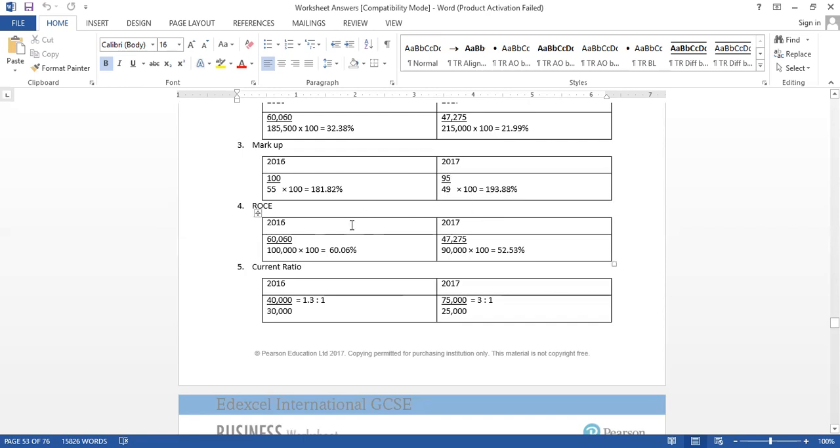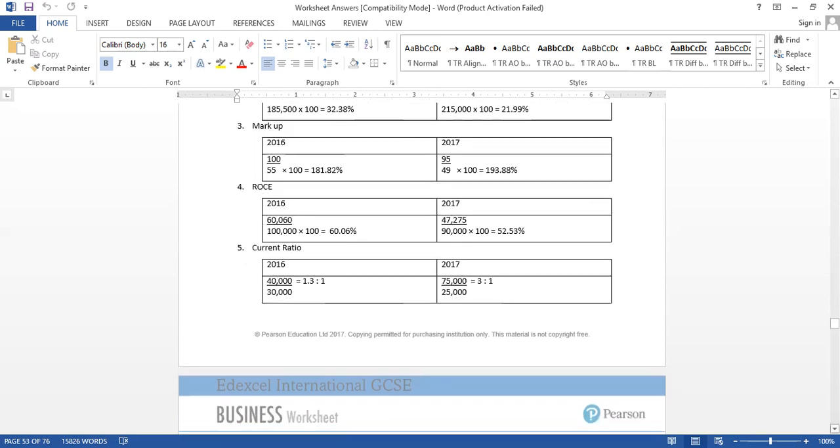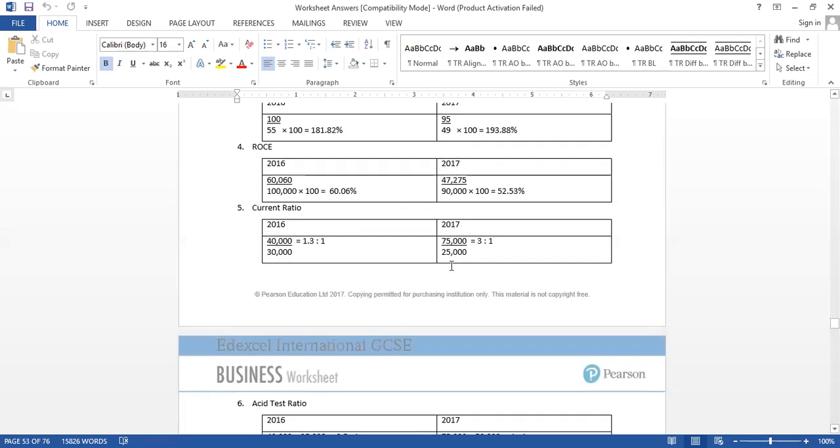ROCE, operating profit over capital employed into 100. So the 2016 ROCE is 60.06%. In 2017 it has gone down to 52.53%. Current ratio, current assets over current liabilities. In 2016 it's 1.3:1. 2017 is 3.3:1.